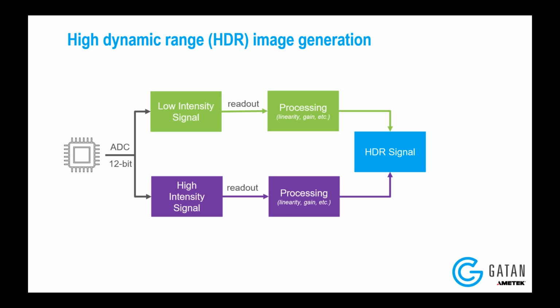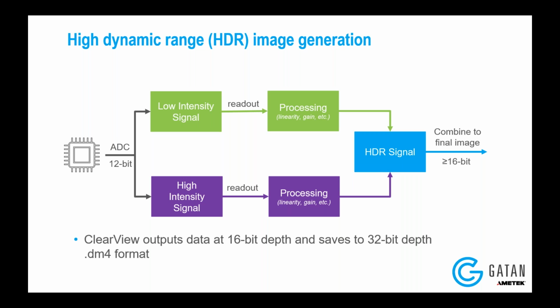So the advantage of combining these two signal channels into one HDR signal means that you can go from a 12-bit image to a 16-bit image. That improves the dynamic range of the data coming off the camera. And if you sum together more and more frames into a final acquisition, you can extend the dynamic range in terms of bit depth beyond the 16-bit limit.